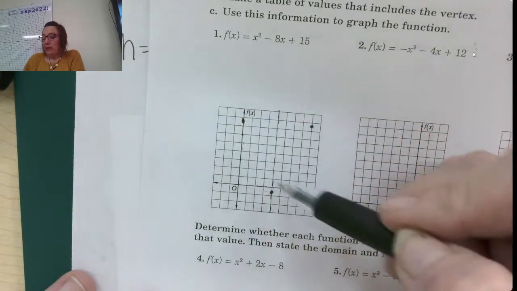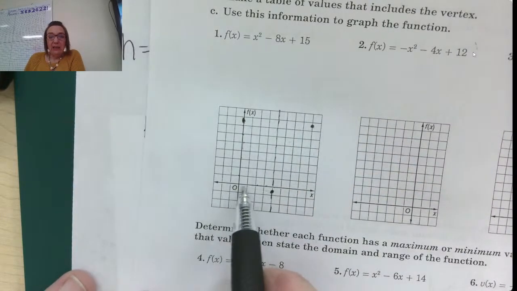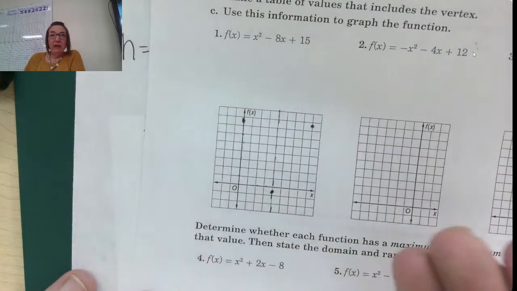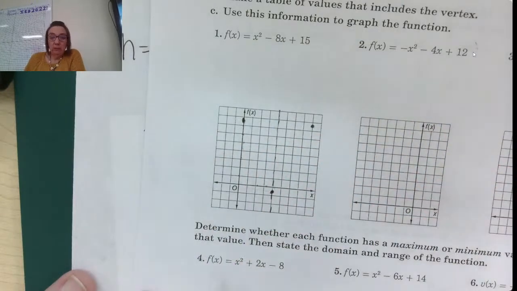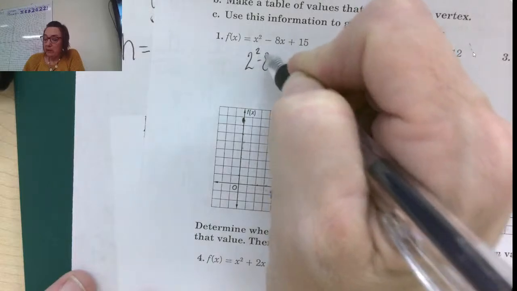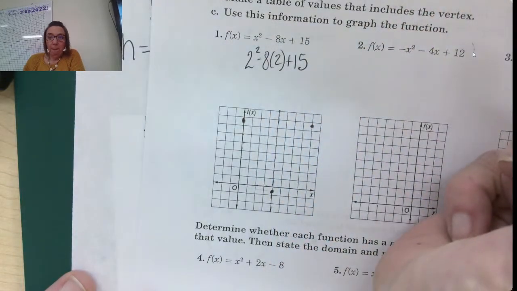Now, really, we need to find one more point, right? So we could pick any number between these numbers here, put it in for x, and find that value. So it doesn't matter. Pick any number. 2. So if we put 2 in there, we've got 2 squared minus 8 times 2 plus 15, right?